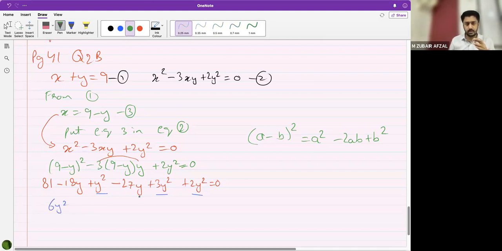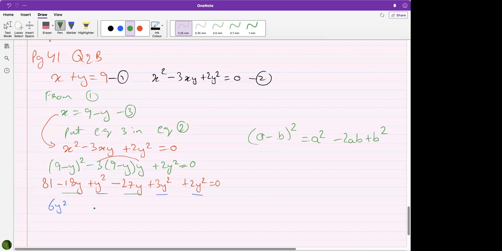And then we deal with y. We have 1 and 2. 27 and 18. Just a second. So 27 and 18 is 45.